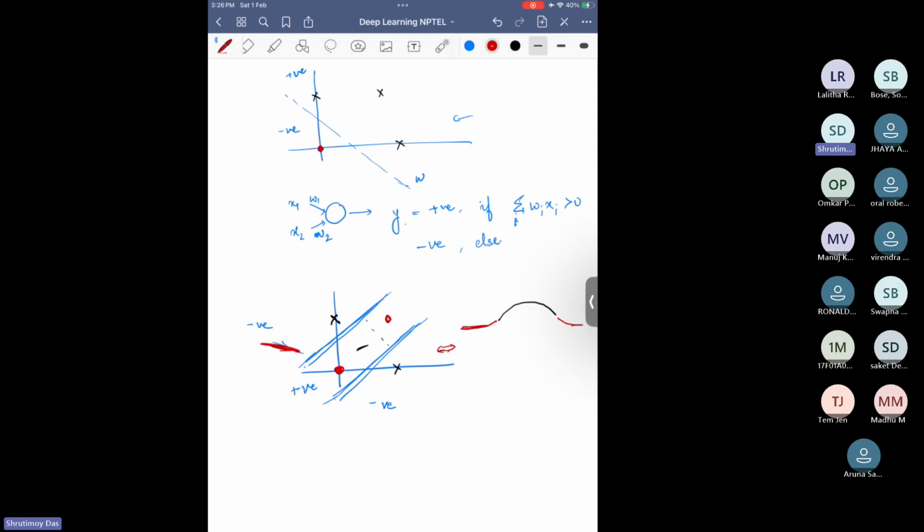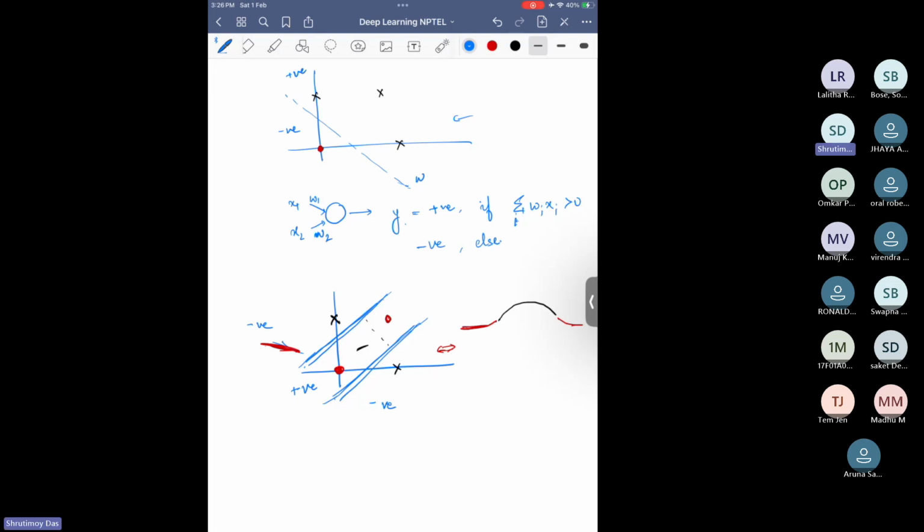Using a nonlinear function, you are able to classify this function, which was not possible before by a linear layer or just by drawing a line. That is why the non-linearity comes in, and that is why the success of neural networks was possible.